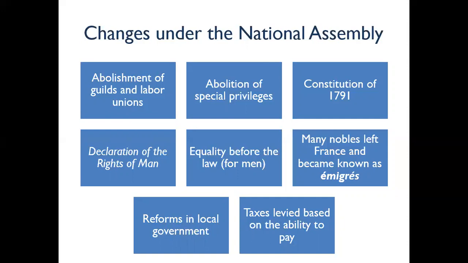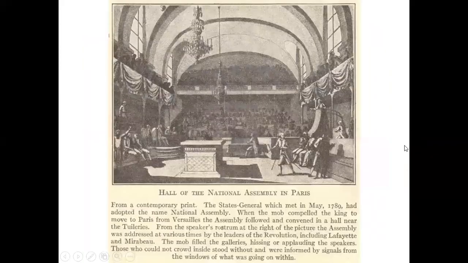Reforms in local government, taxes levied based on the ability to pay. So these were the changes that came under the National Assembly. All the problems the people were facing were abolished, and they brought good changes in the constitution so that the people could live happily.